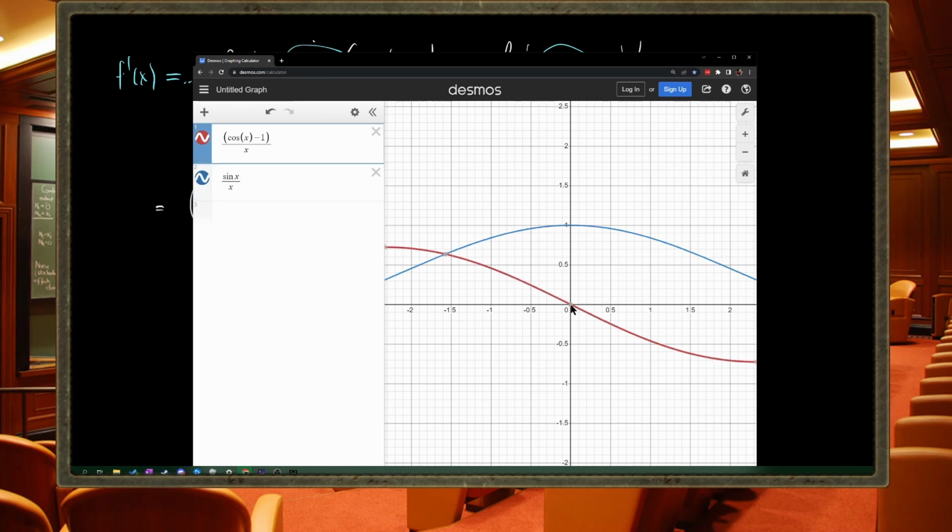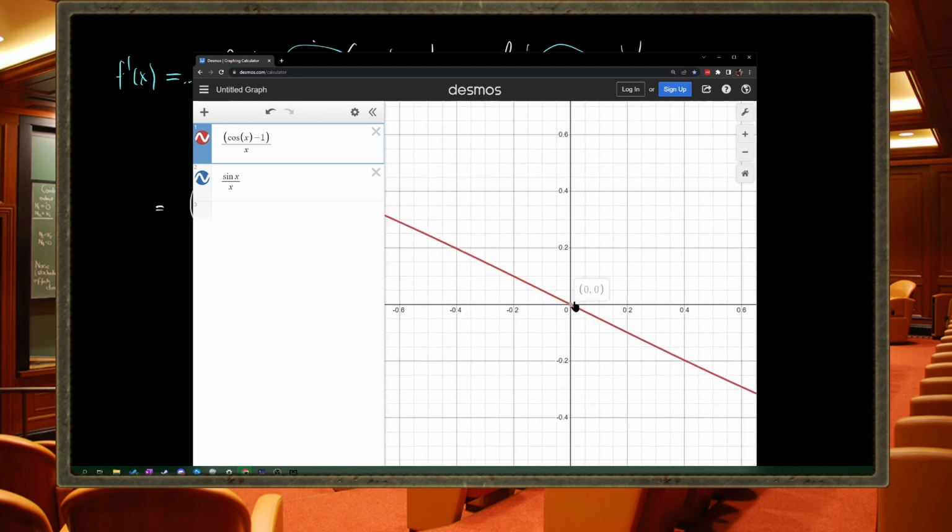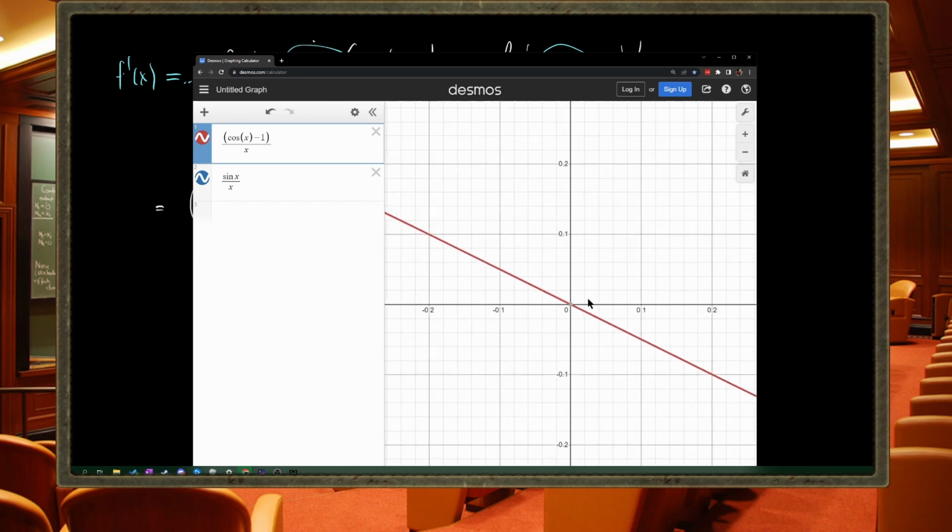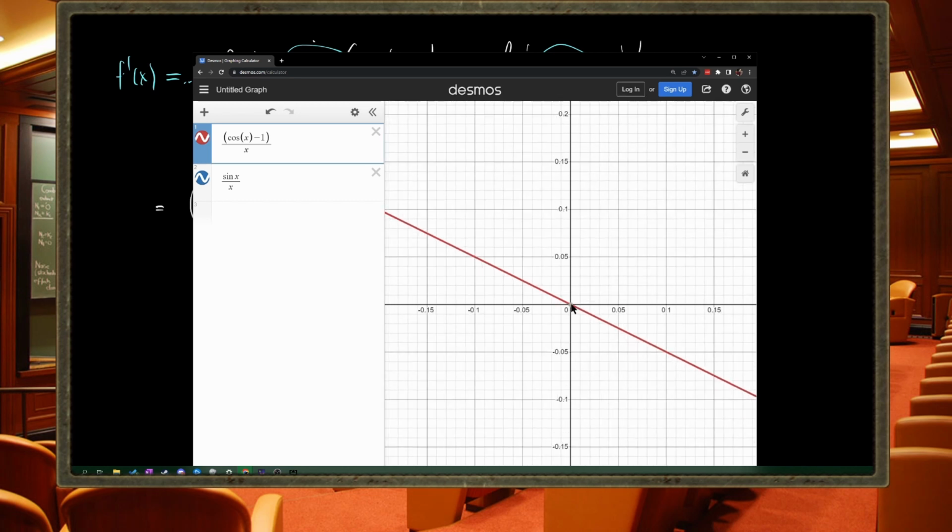And we know it should be undefined at this point. And since I clicked that, it won't show me that. But it is. Anyway, it is undefined here, and we know that because x is 0 and it can't be expressed. But we see what it's approaching.